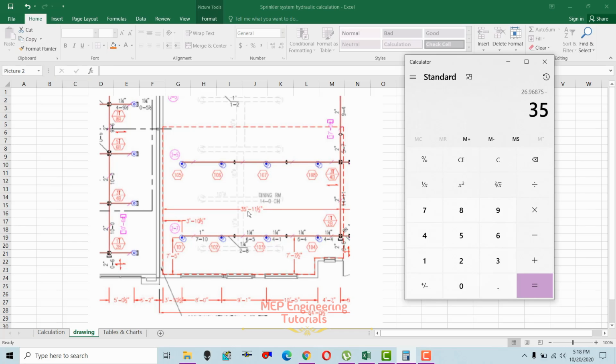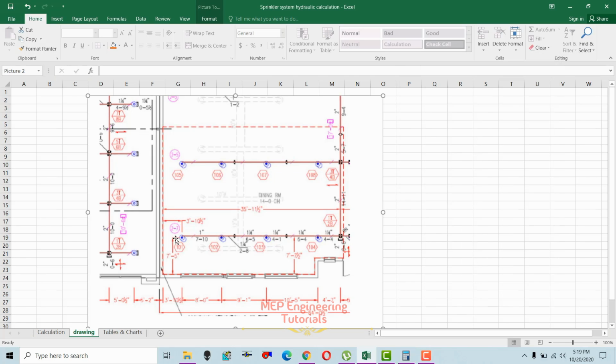So we will subtract this one, and we are left with 8.98. That means 1 time this distance and 1 time this distance, divided by 2, that means 4.5 feet. 4.5 feet is the distance from the wall to the first sprinkler.